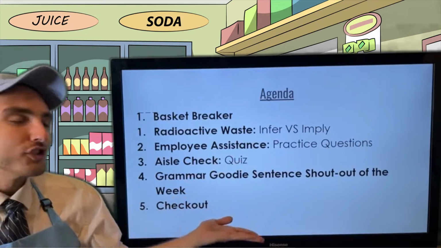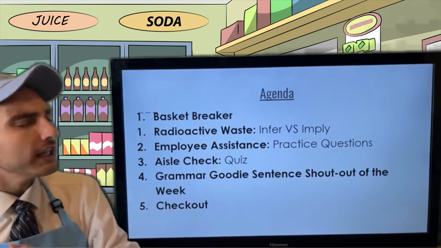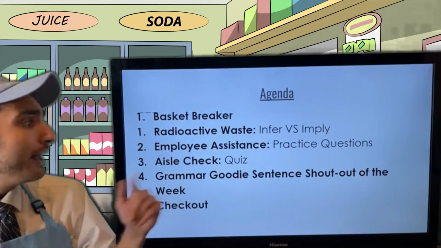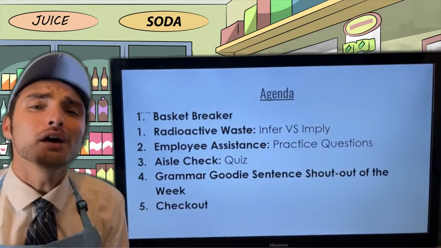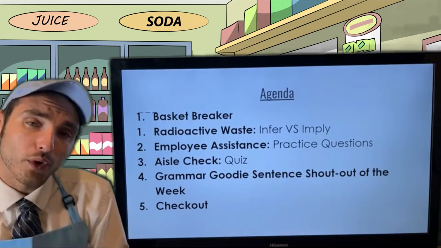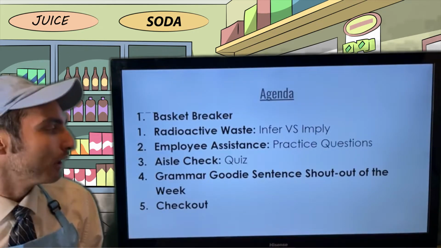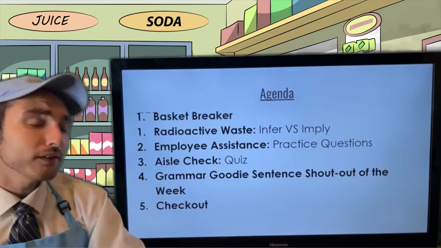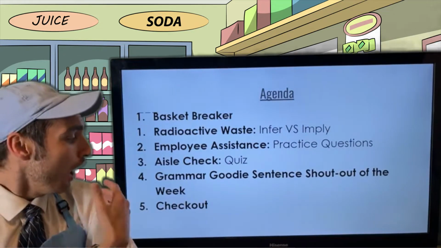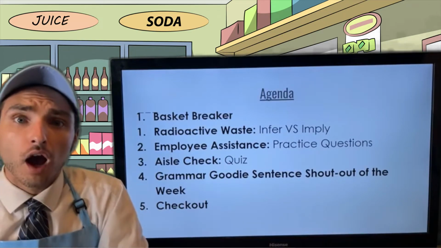As a quick reminder, here's our agenda for this evening. We will start with the basket breaker, followed by talking all about infer versus imply. Then, of course, employee assistance, where I will test you on everything you learned about infer and imply. Then we get to our little quiz at the end, and then the Grammar Goodie sentence shout-out of the week.